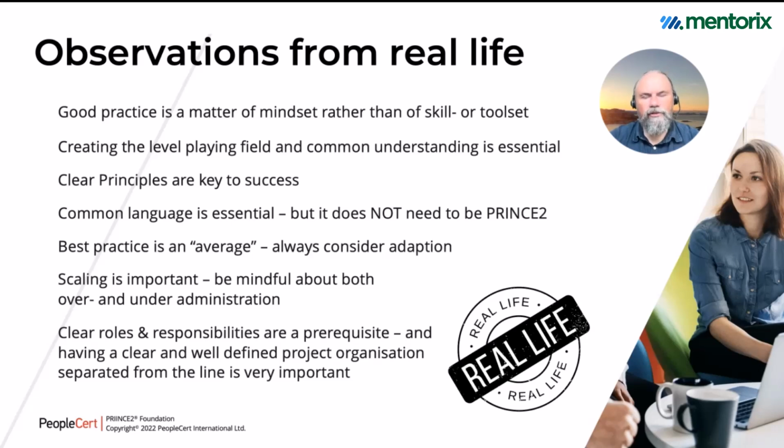So in order to make sure that you actually work based on Prince2, do not use all the words in Prince2, because they're so alien to some people. So come up with new words, or use the words that are already used in the organization, and make your own connections into the manual.